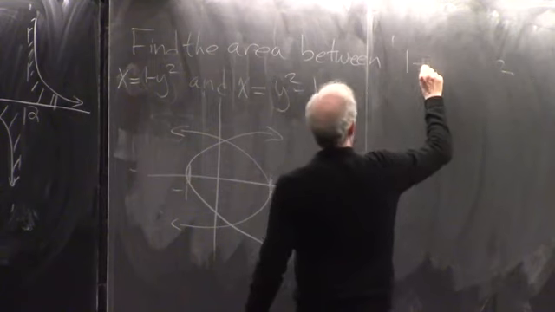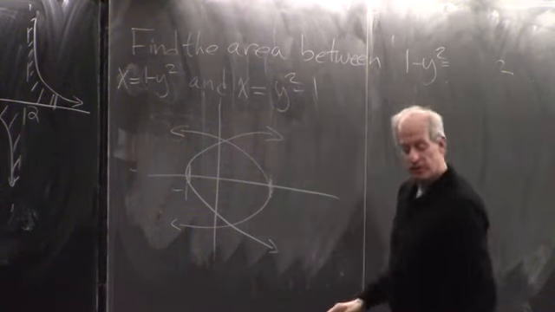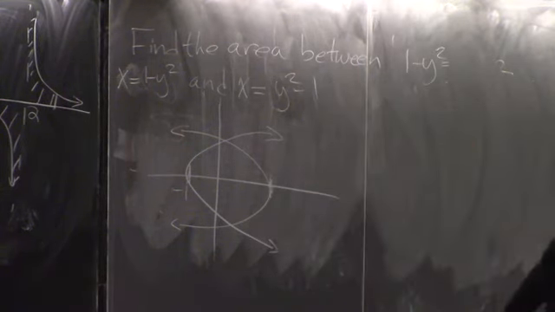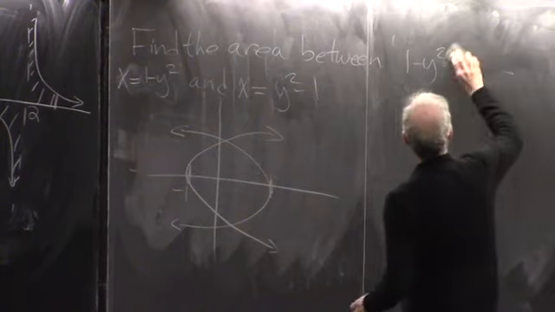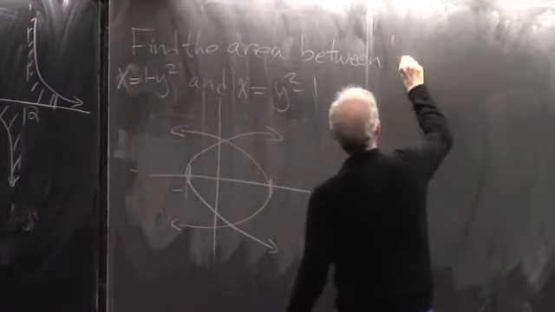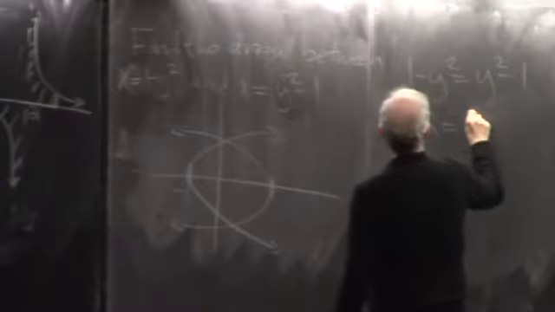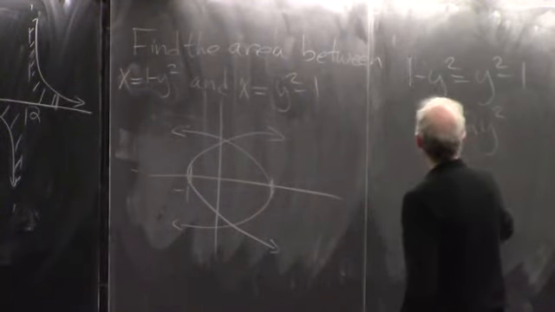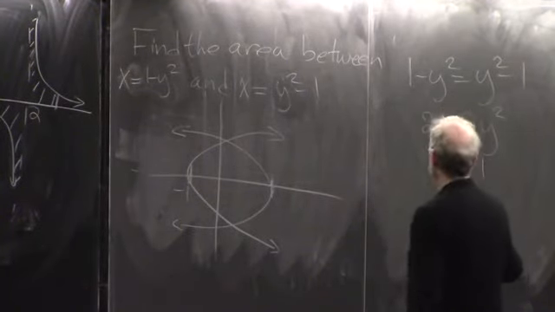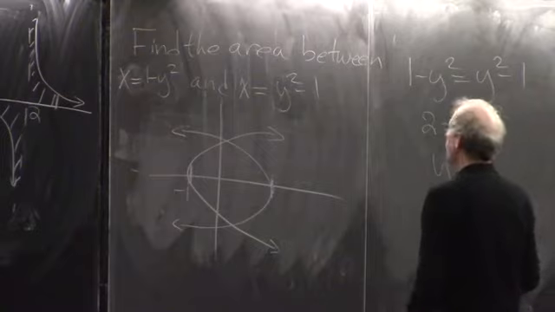Or where does 1 minus y squared equal y squared minus 1? Well, that's where 2 equals 2y squared, y squared equals 1, y equals plus or minus 1.